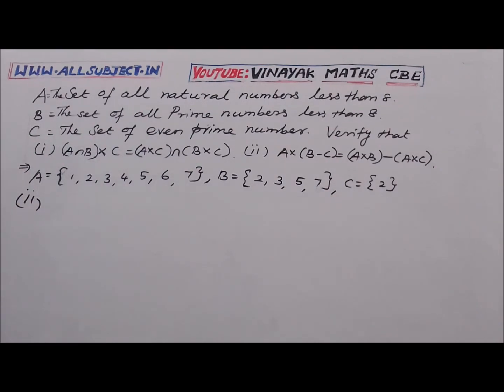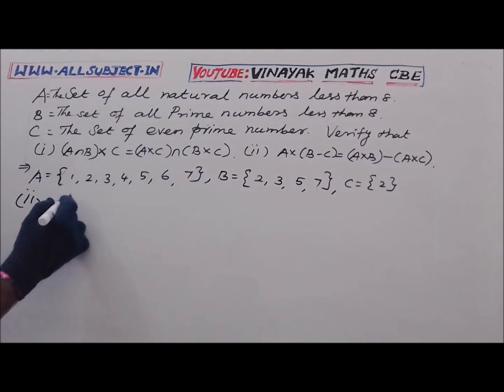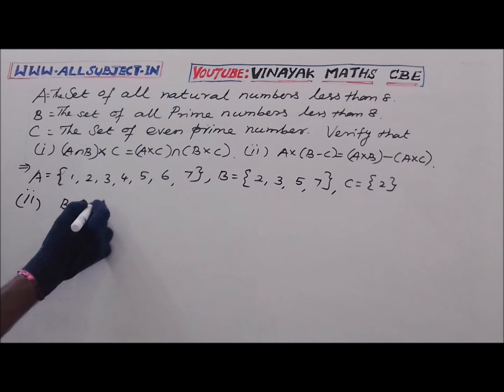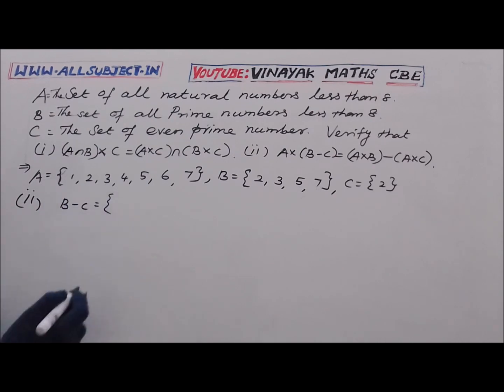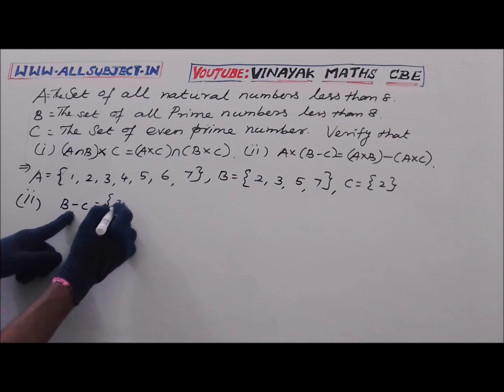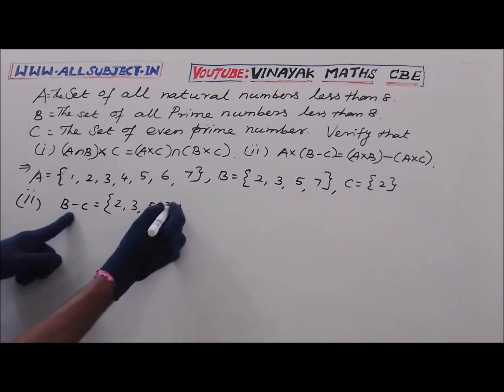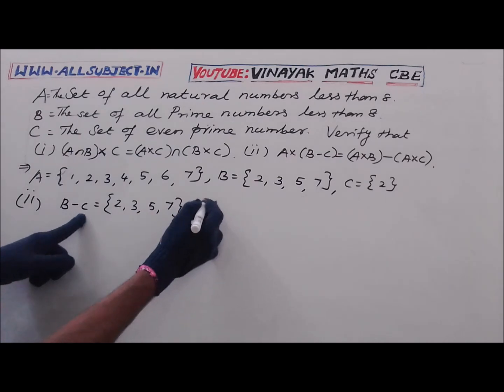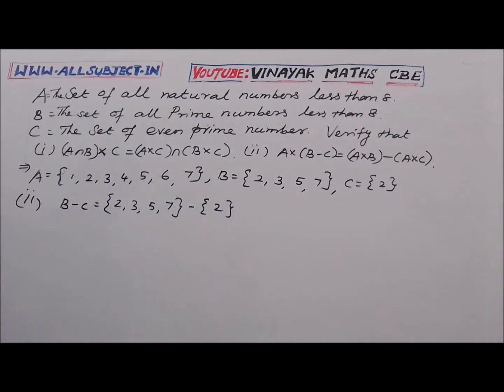Subdivision number 2. A cross B minus C is equal to A cross B minus A cross C. So first we should find B minus C. To find B minus C, write the set of elements in B: 2, 3, 5, 7, and minus C, which is 2.